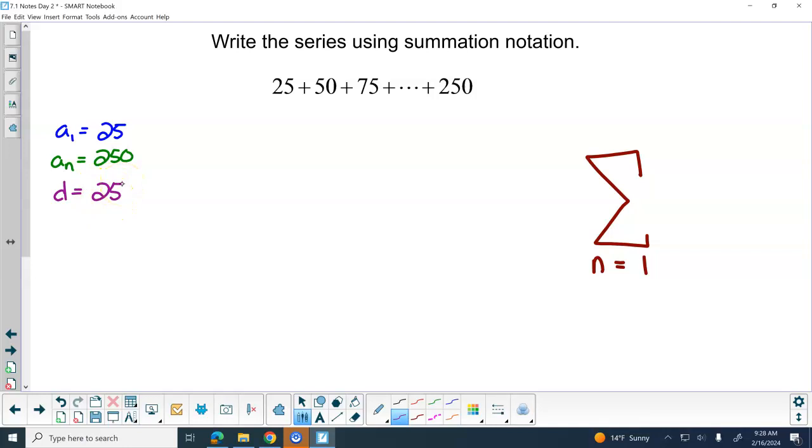Okay. So I know that. So let's utilize my rule, because I got to come up with a rule.